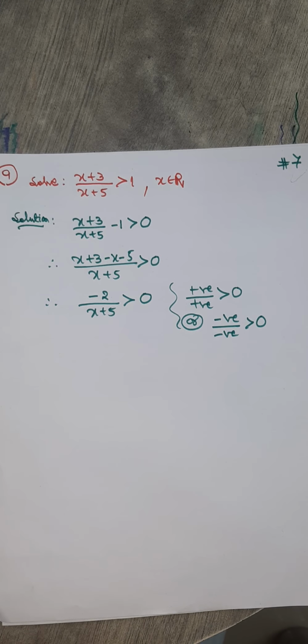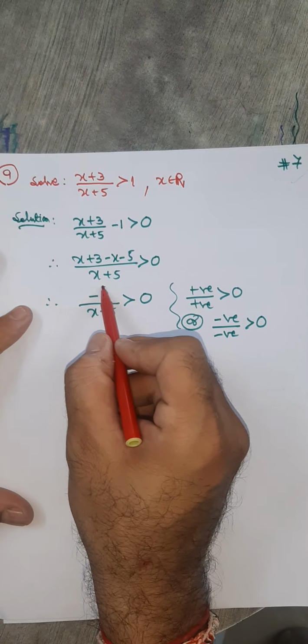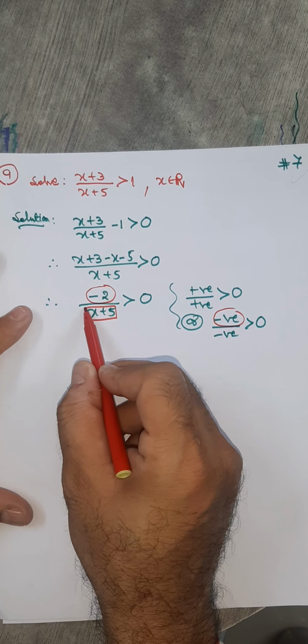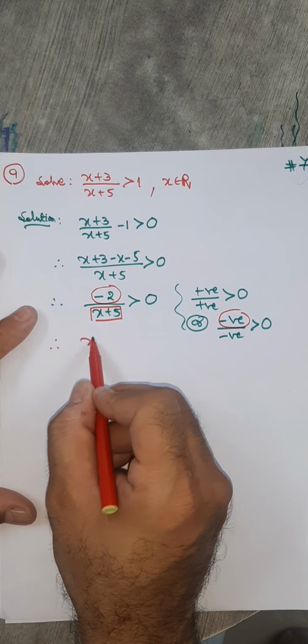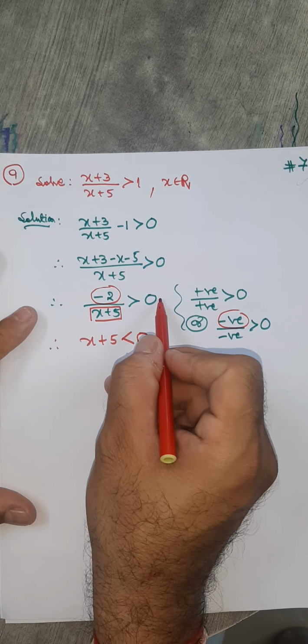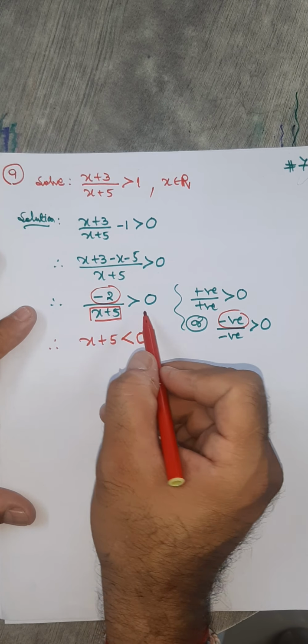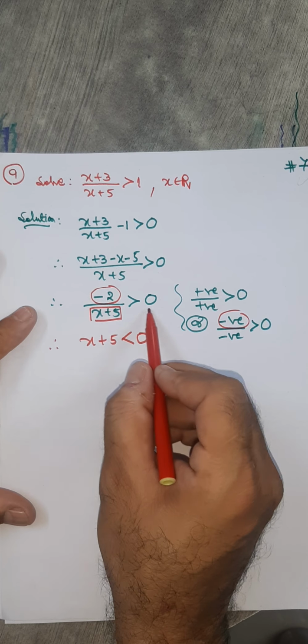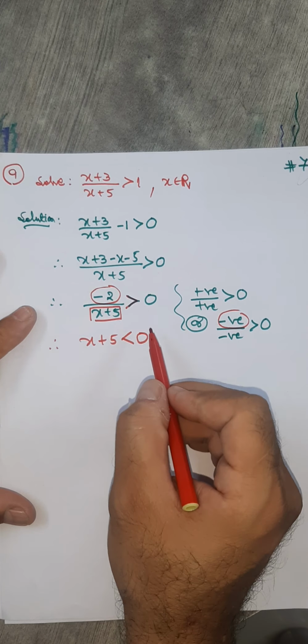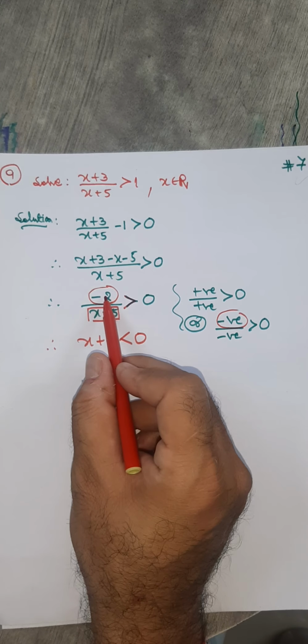But here the numerator is minus 2, which is always negative. So therefore the denominator has to be negative, remember. So therefore x plus 5 has to be less than 0. You cannot take this over here, remember. In a ratio in an inequality, you cannot take the denominator on the other side. Right? Otherwise this is not even possible.